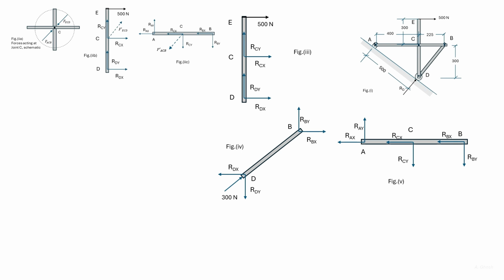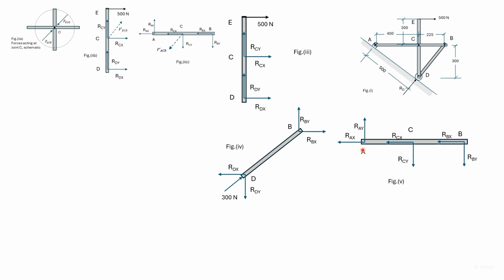Now, before we look at the equilibrium of the three members, let us look at the joints C, D, and B. With the joint in C in ECD, we had earlier designated RCY to be acting upwards and RCX to be acting towards the right.